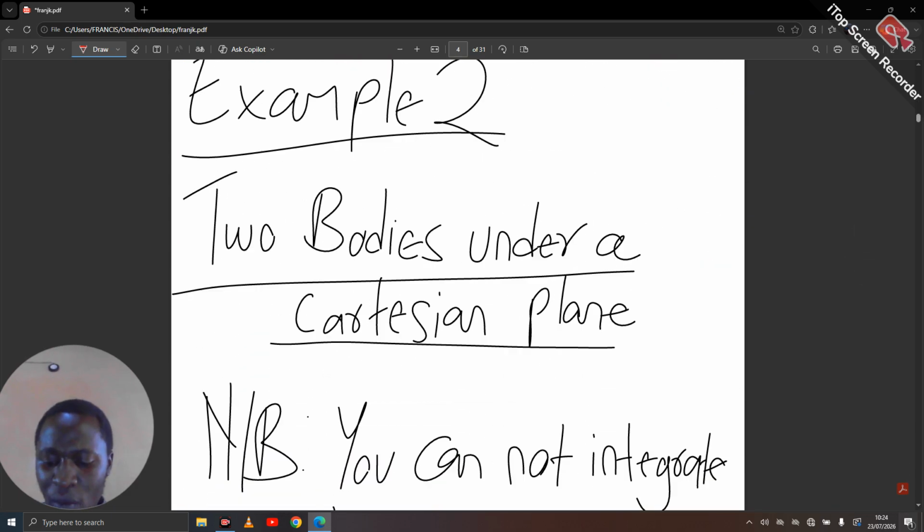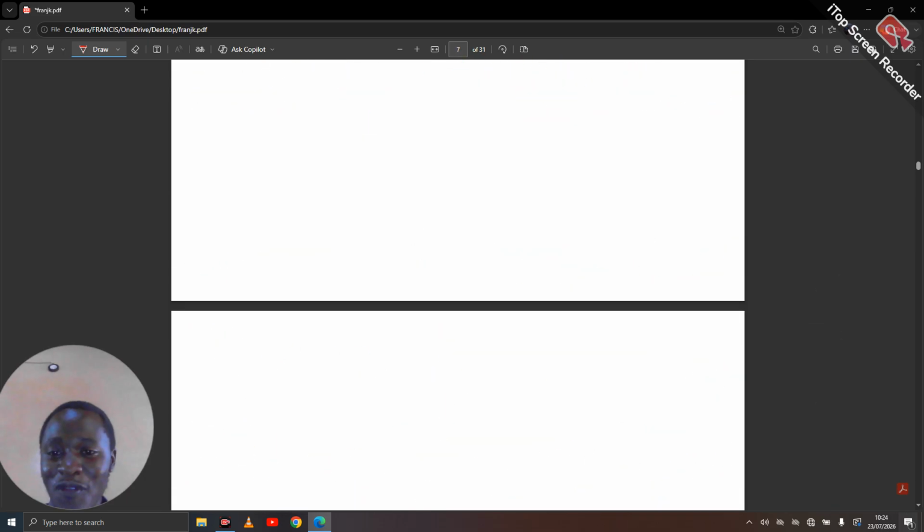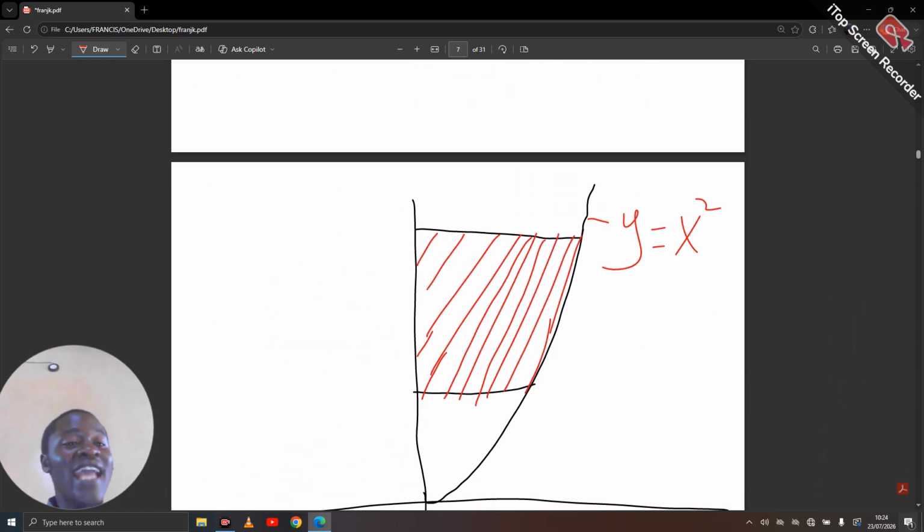And now the examiner, this kind of question requires a very good student. The examiner will not give you direct things. The examiner has equated this curve with y, making y the subject of the formula, y equal to x squared. But it should not be like that.